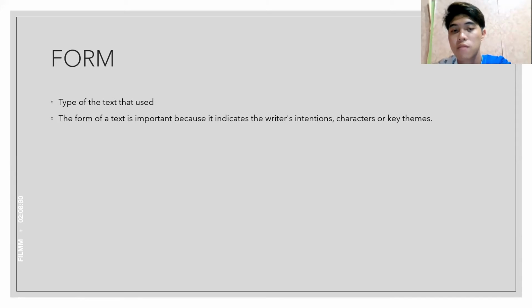The form is the name of the text type that the writer uses. Examples are novel, script, sonnets, and anything else. All of these are different text types that a writer can use.